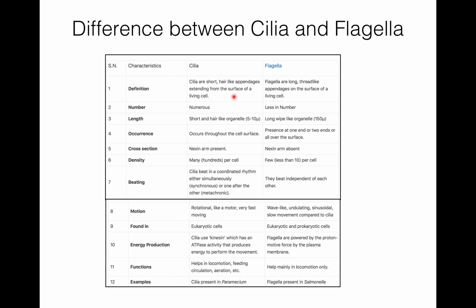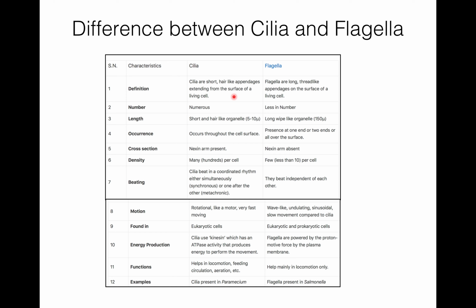In cilia, the nexin arm is present. In flagella, the nexin arm is absent. The density of cilia is high, about 100 per cell. The density of flagella is very low, less than 10 per cell.